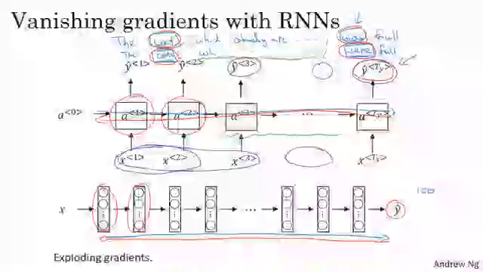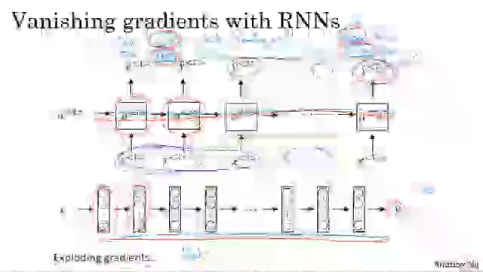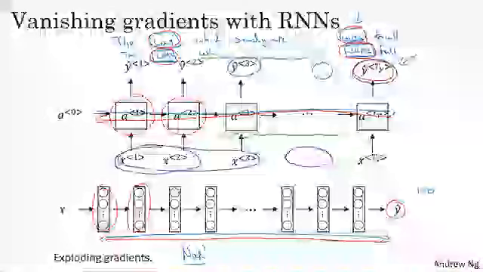So it turns out that exploding gradients are easier to spot because the parameters will just blow up, and you might often see NaNs, or not a number, meaning results of numerical overflow in your neural network computation. And if you do see exploding gradients, one solution to that is to apply gradient clipping.